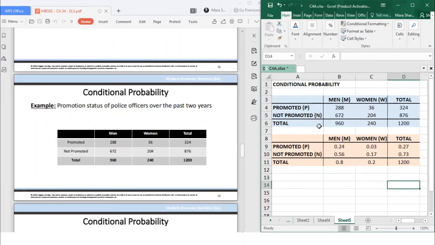Now, the police administration argued that the relatively low number of promotions for female officers was due not to discrimination but to the fact that there are relatively few females as members of the police force.